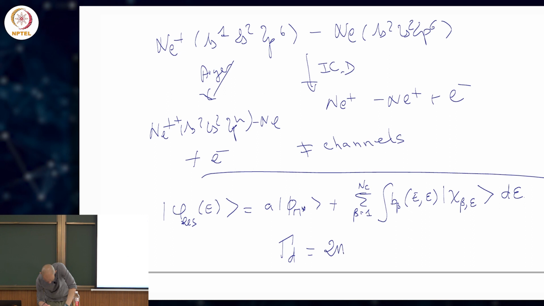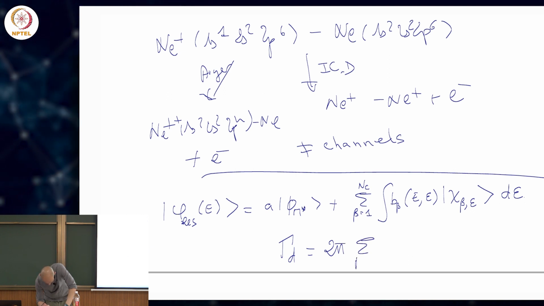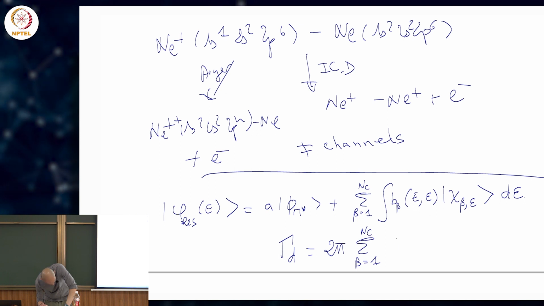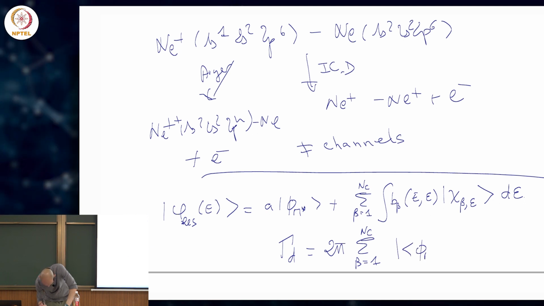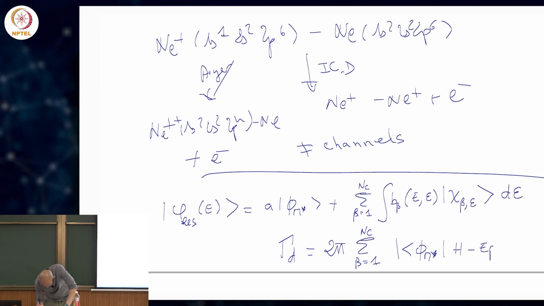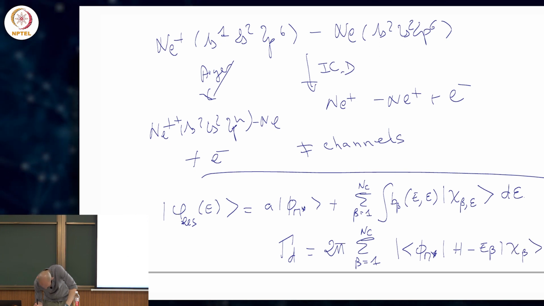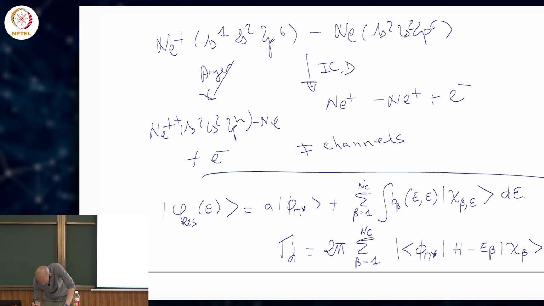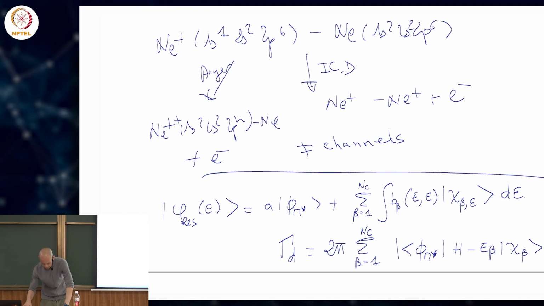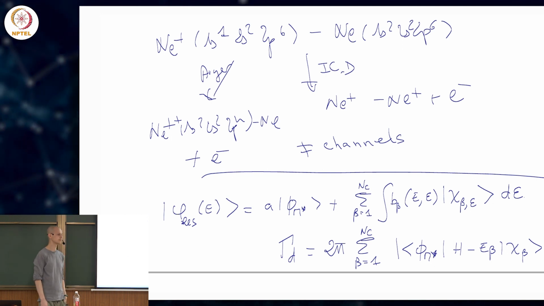All right. So it's 2 pi, the sum over the channels of the coupling between the bound part and the continuum part at the energy of the... Otherwise, like this, that should be enough.